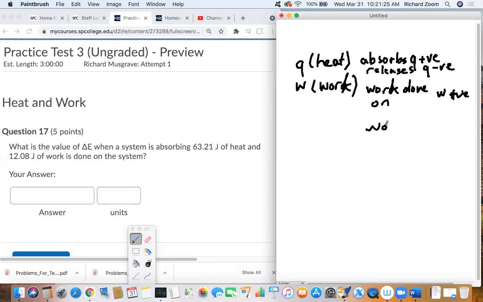When work is done by the system, it's almost like it's releasing work, you can say. Then the W is negative. Does anybody have any questions? If you want a greater explanation of this, I'd suggest you go back and watch the Zoom session that I uploaded for this. It'd be the first one after spring break.